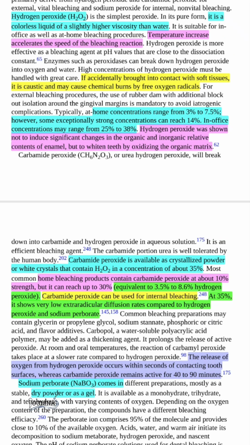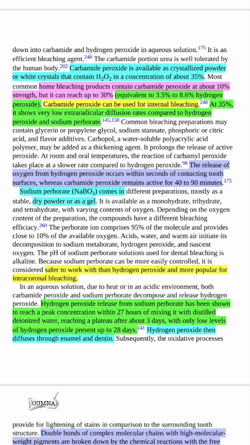It can be used in at-home concentration for home bleaching with a concentration of 3 to maximum 8%, but inside the office we can use it in concentration between 25 to 38%. It is important to note that this reaction does not affect the hardness of the enamel nor the inorganic molecules inside the dentine, but we have seen that some oxidation happens in the organic matrix of the teeth.